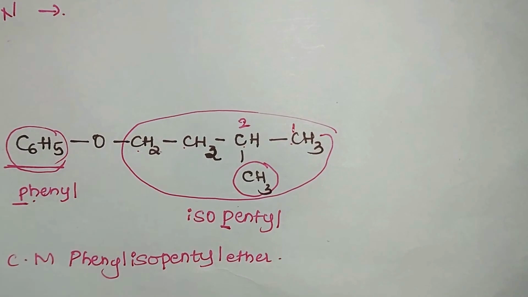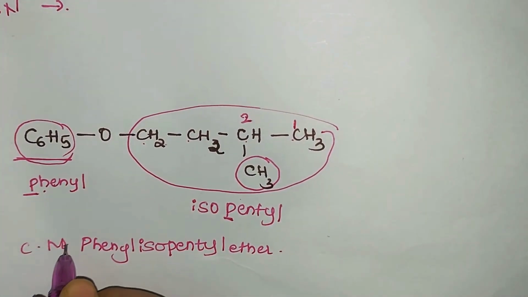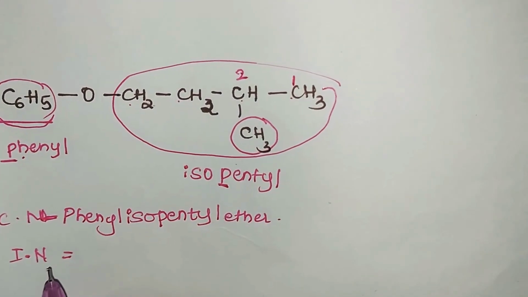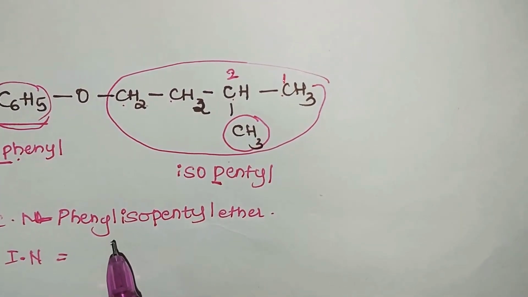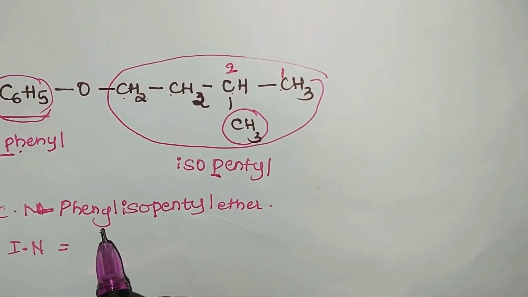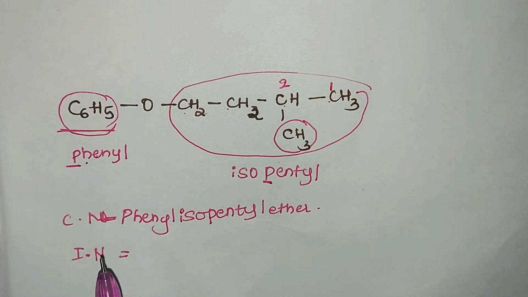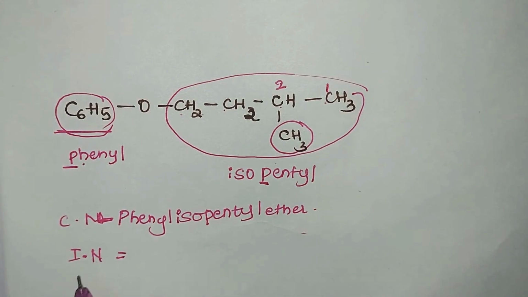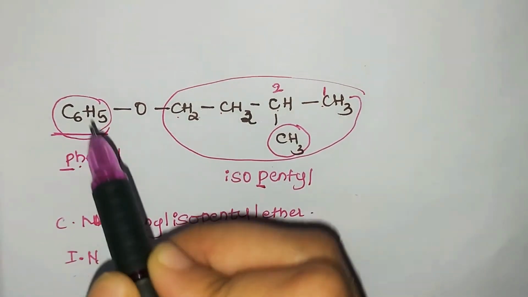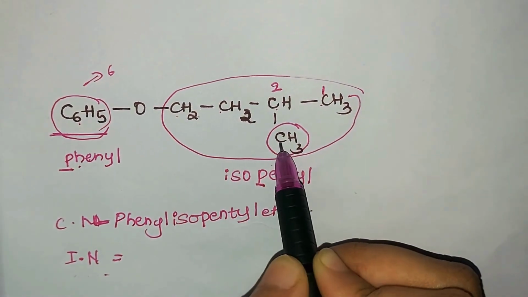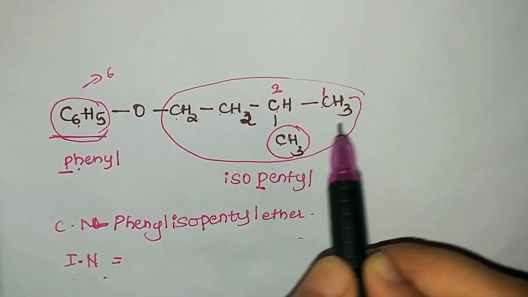We'll go with the next, that is the IUPAC name. While you are writing the IUPAC name, you have to consider the longest chain as your parent hydrocarbon, the one which contains more carbon atoms as the parent hydrocarbon, and the one which contains fewer carbon atoms as the prefix. Here you can see C6H5, 6 carbon atoms, whereas in pentyl you are having totally 5 carbon atoms.